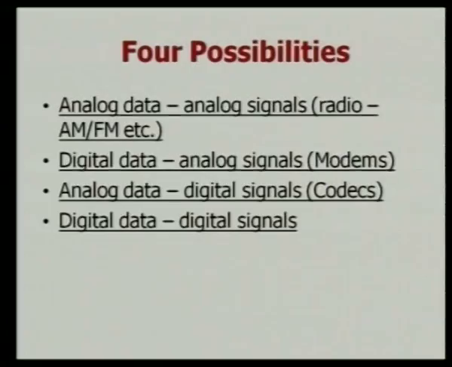So you can see that the signal that is used to store that information is a digital signal. So it's an example of analog data being converted to a digital signal, and you may use these digital signals to transfer this data from one place to another. So it will be an example of analog data, digital signal, and the job of a codec, which is normally sitting on your sound card, is to convert from analog data to digital.